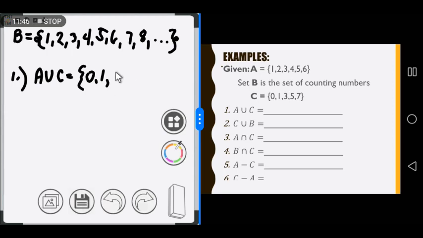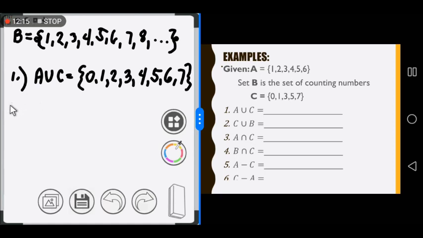May 2 sa A. So, isulat natin ang 2. May 3 parehas sa A at C. So, 1s lang natin isulat. 4 meron ang A. Sulat natin ang 4. 5 parehas meron. So, sulat. 6 sa A lang, pero dahil union, sulat din ulit natin siya. Then, 7 sa C meron. So, sulat natin ang 7. So, this will be A union C.